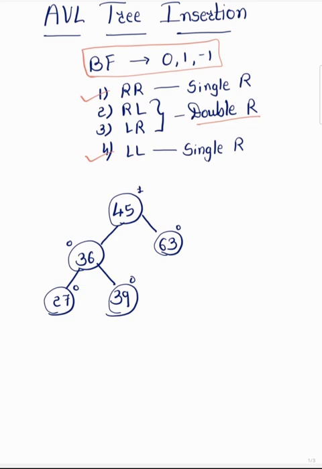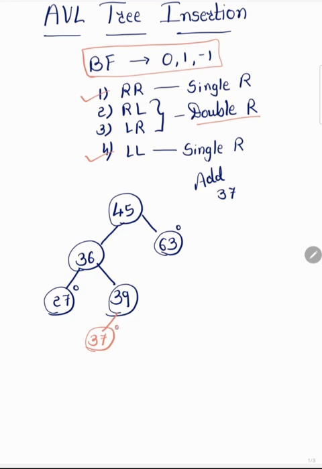But if I add one more node, let us say 37, it would be added at this position because it is lesser than 45, greater than 36, and lesser than 39. Now again we need to check the balance factor. Let me quickly update it.